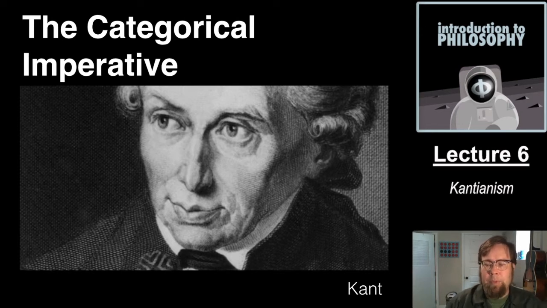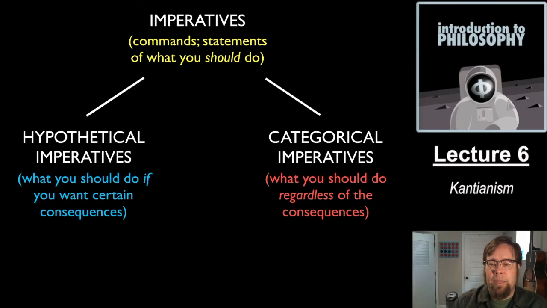But before we get to Kant's categorical imperative, we need to talk in general about what imperatives are. What does it mean for something to be an imperative? And what are the two main kinds of imperative? What's the difference between a hypothetical imperative and a categorical imperative? Well, let's first start with the basic idea of an imperative.